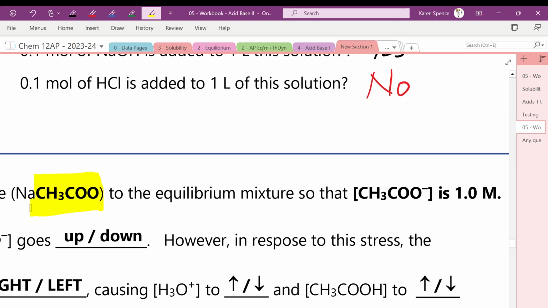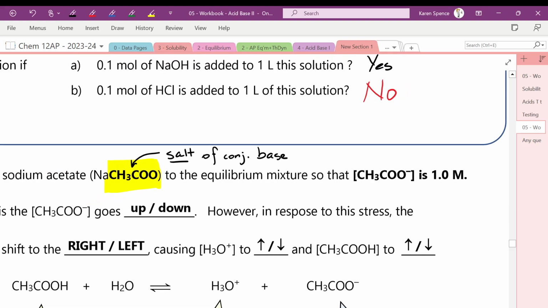So we can add the salt of the conjugate base. So added H plus will have enough base to react with.